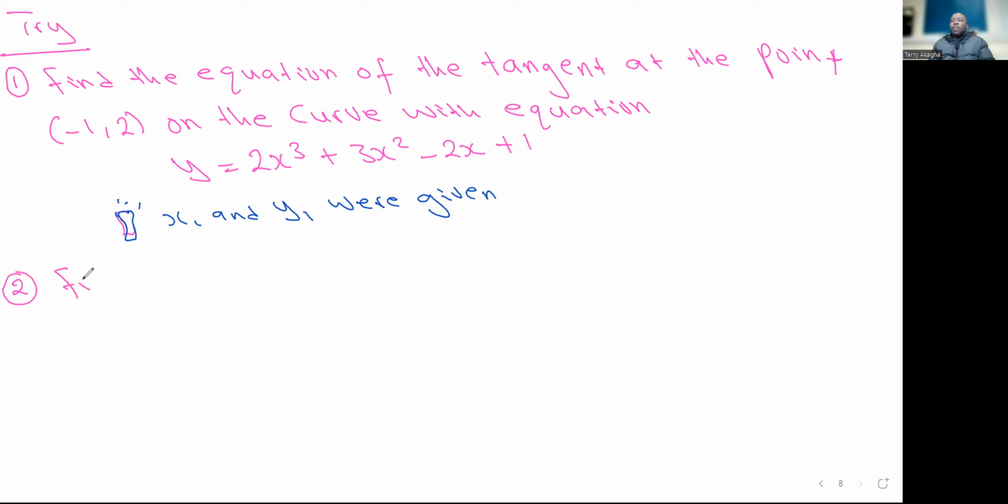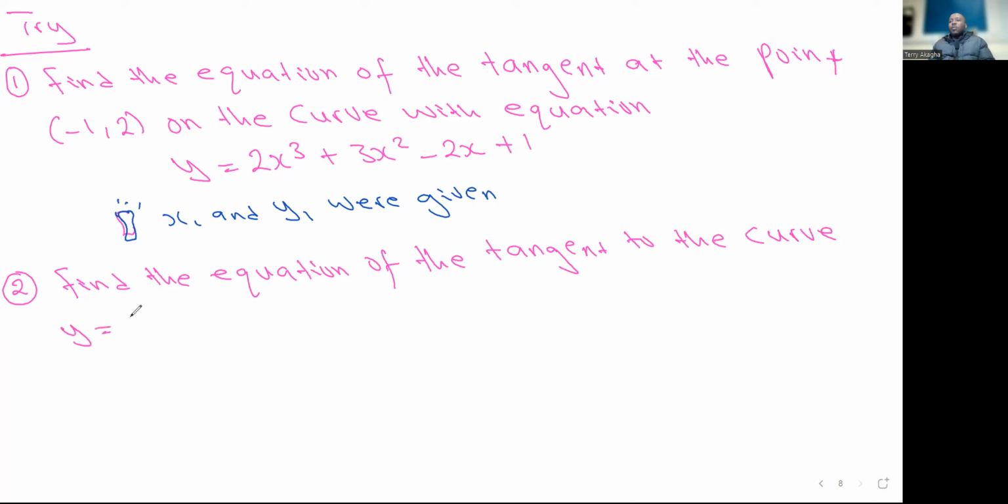So the question is: find the equation of the tangent to the curve y equals f of x when x is equal to 2, given f of x is equal to 4x cubed minus 4x squared plus 4x plus 4.